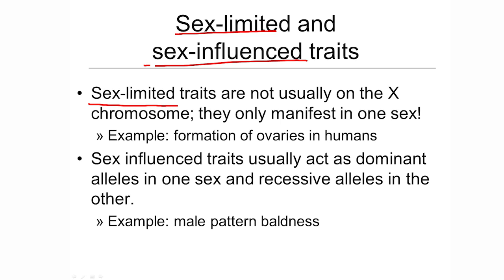Sex-limited traits, they're not even usually on the X chromosome. They could be, because remember, the X chromosome can have genes on it about anything. But here is the bottom line of sex-limited: these are traits that only manifest, they only come out in one sex. Now the example I'm going to give you may seem very odd, but it's a perfect example really, and it's formation of ovaries in humans.